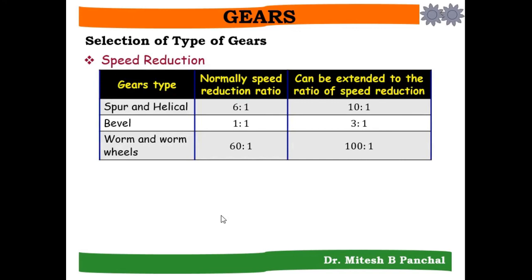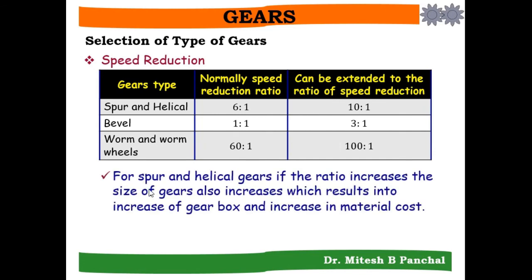That is, for spur gear and helical gear, the normal speed reduction is 6:1 and it can be increased to 10:1. And for bevel gear, the speed reduction is 1:1. Almost the same speed can be transmitted from one shaft to another shaft, and that can be increased to 3:1. And for worm and worm wheels, the normal speed reduction is 60:1 and that can be increased up to 100:1.